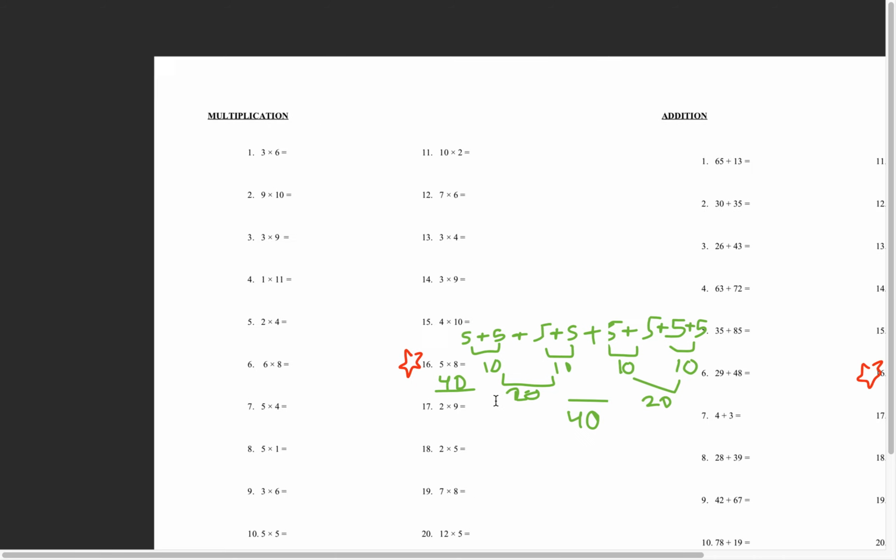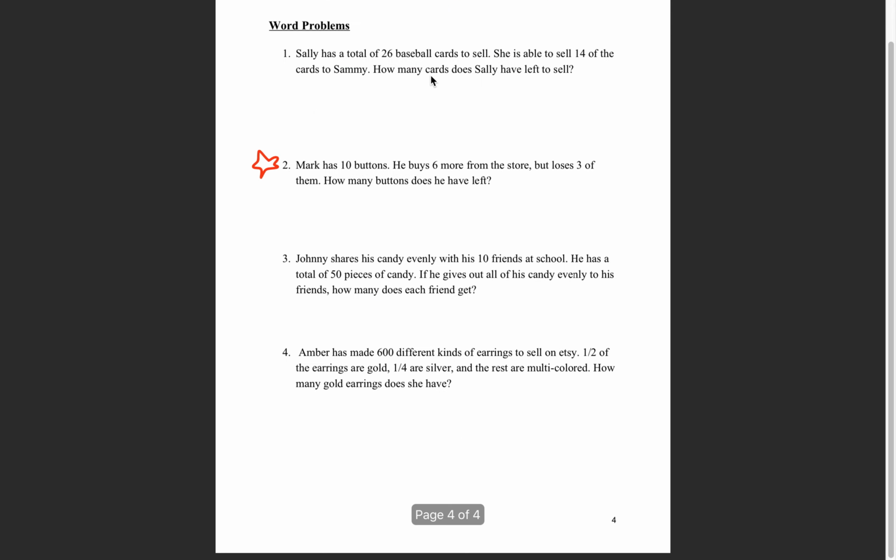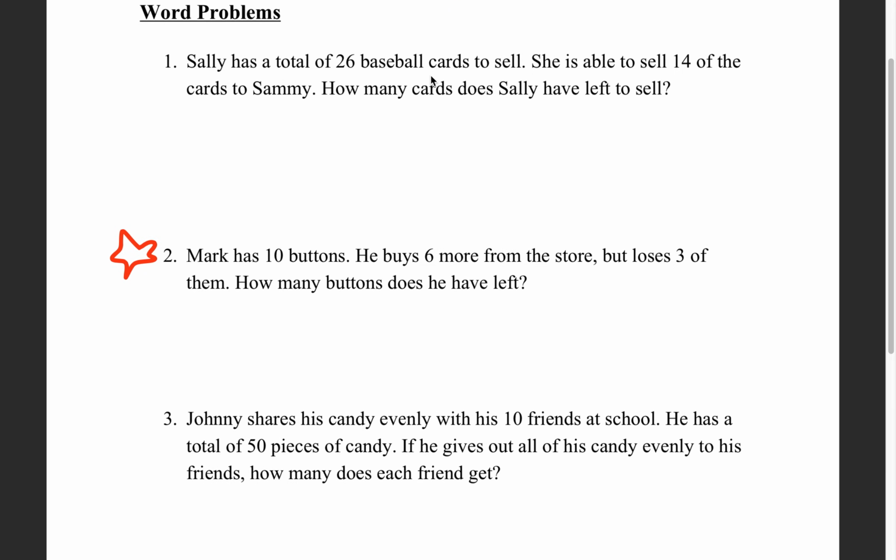Okay, we're going to do one more, the word problem. And always underline important information. So, Mark has 10 buttons. He buys 6 more from the store, but then loses 3 of them. How many buttons does he have left?